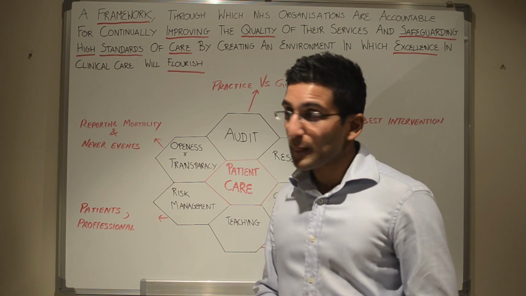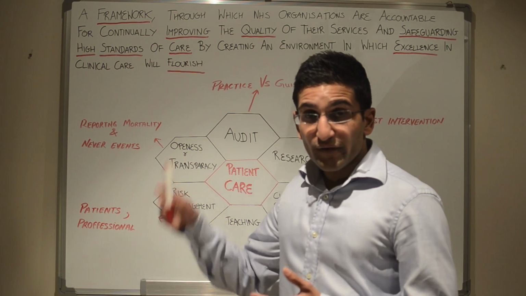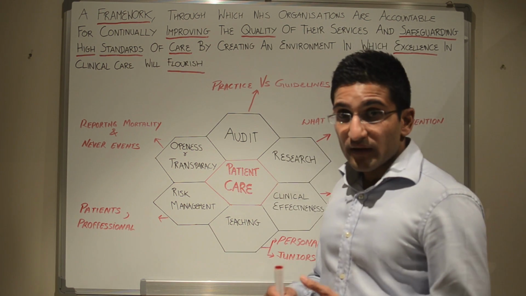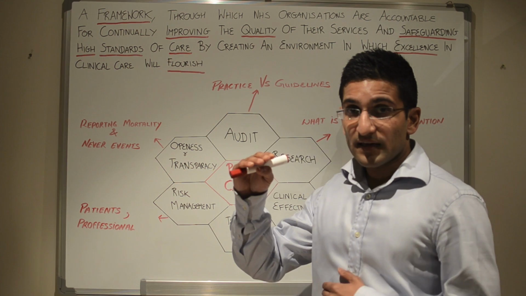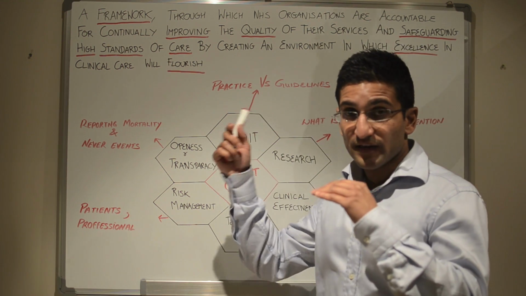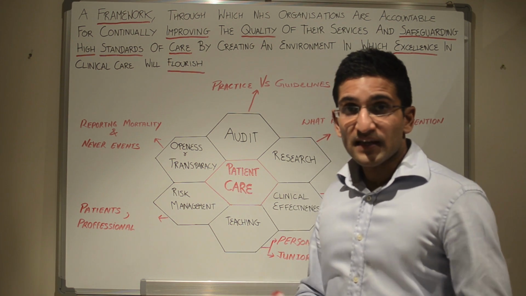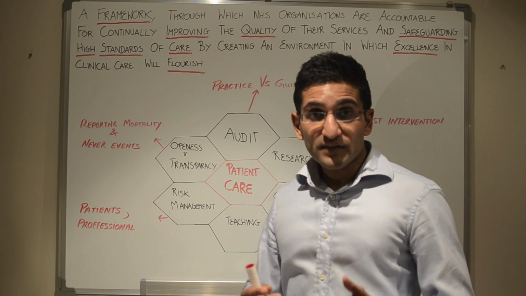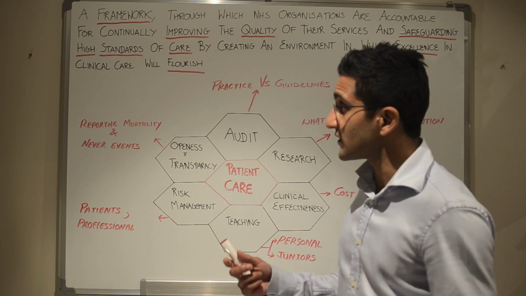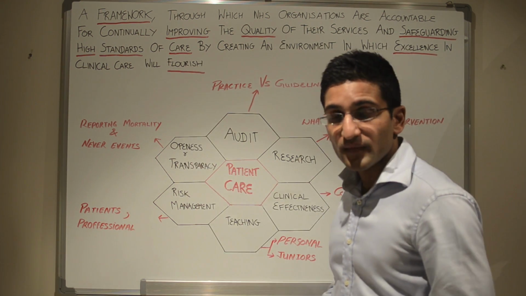So let's revisit. Clinical governance is a framework or a set of processes which are all about improving the quality of care and maintaining a high quality or safeguarding the high standards of care. And the theory is any organisation that employs these processes will create an environment in which excellence automatically happens or flourishes.